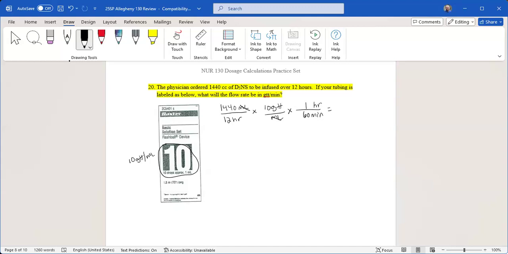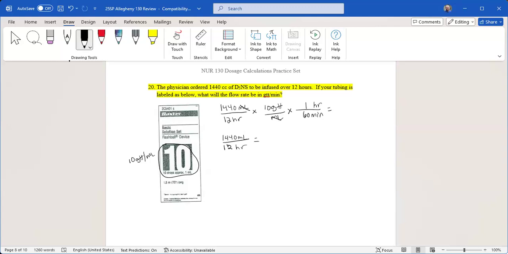There are two ways that we can simplify this before we get into doing an extra conversion factor. If you look at that and you go, oh no, why do you throw in another one? So the first step I would do is take that 1440 ml over the 12 hours and reduce that to milliliters per hour.